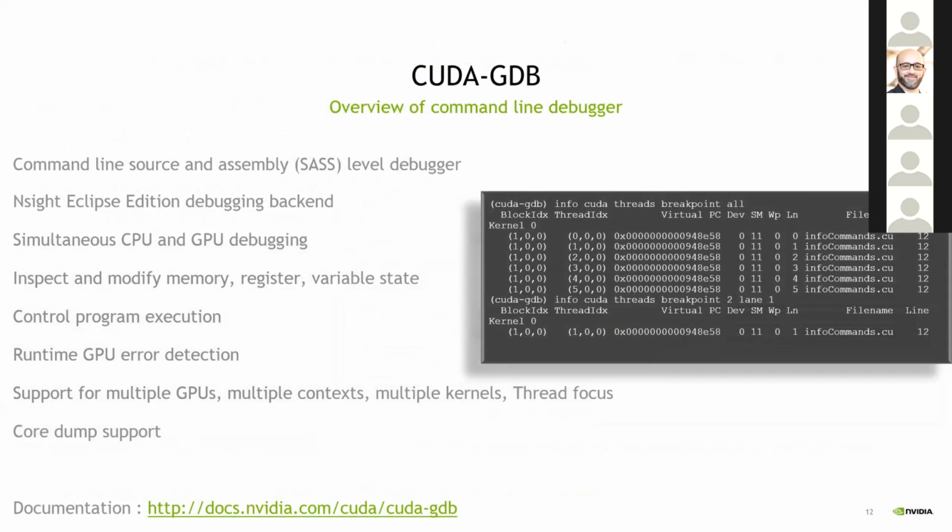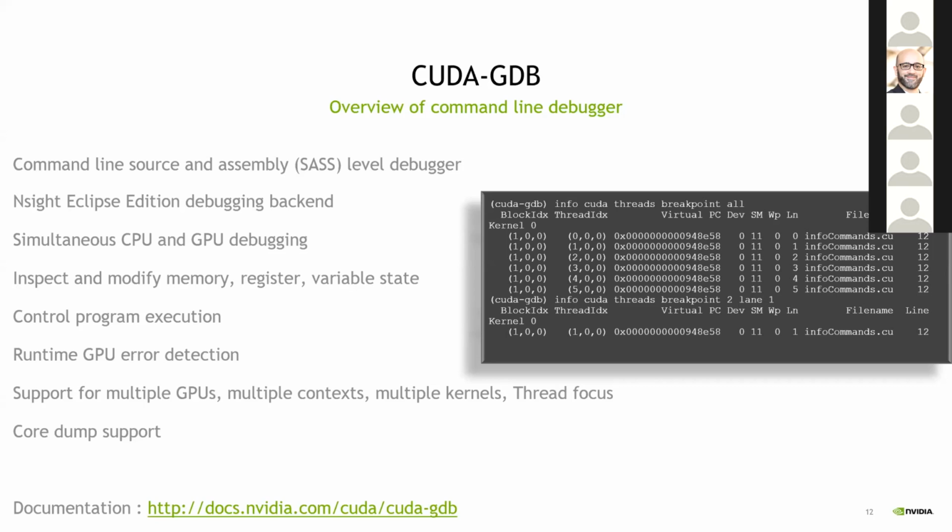Now moving to the debugging part, CUDA GDB is a tool that you may use. It's used from the IDEs, as I explained earlier, but it can also be used from the command line. It provides simultaneous CPU and GPU debugging and allows you to inspect and modify memory and register variable states of any part of your code.